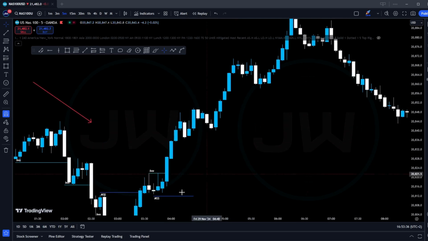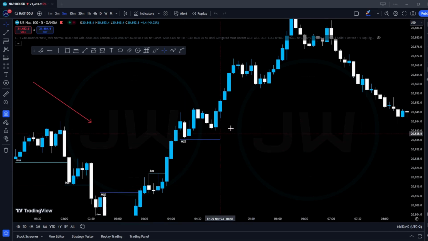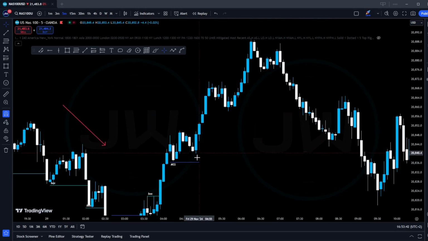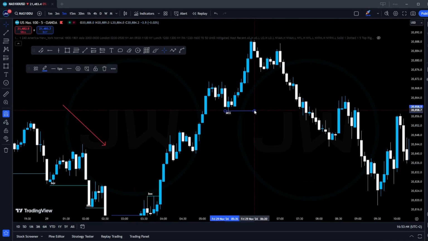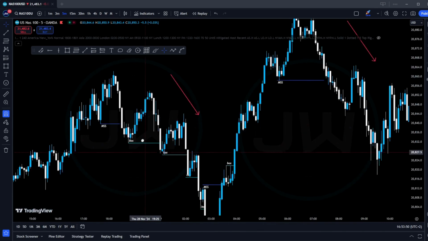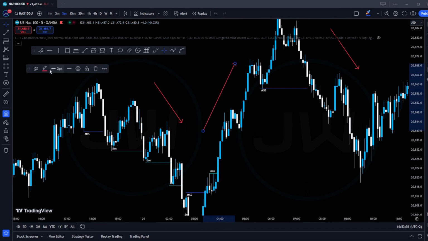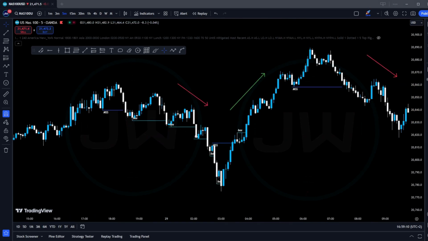And so the cycle continues until we find our market structure shift, which we'll find at this low here, continuing a bearish move from a bullish trend over here. So that's essentially what break of structure and market structure shift is.